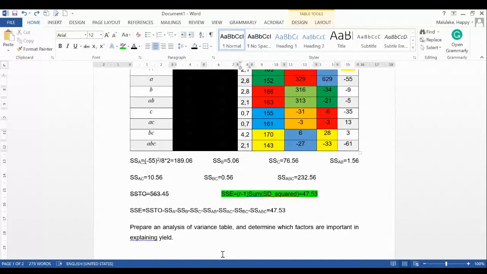You don't have to say hypothesis testing for A. You just list the factors, like what we did last week. Just say for main effects, this factor and this are important. Interactions, this one and this one are important, and so forth.